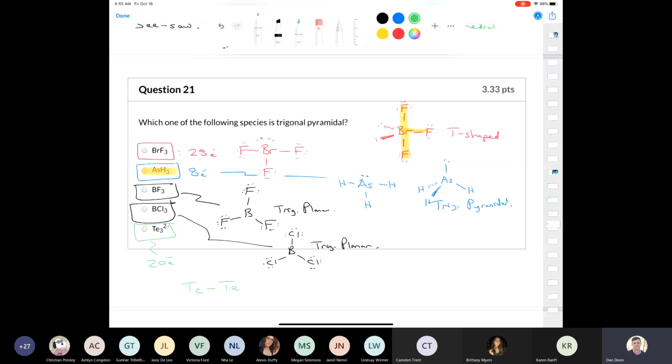And we'll put bonds to the other telluriums like that. And if you fill up the octets of the outer ones, they're both going to have a -1 charge. And now I've used up 8 times 2, which is 16. I've got 17, 18, 19, 20. There we go. The 2 telluriums on the ends have a -1 charge, and that gives us a total of a -2 charge.